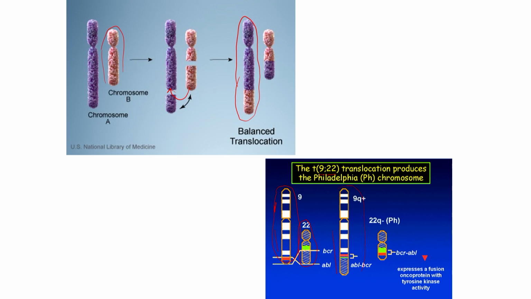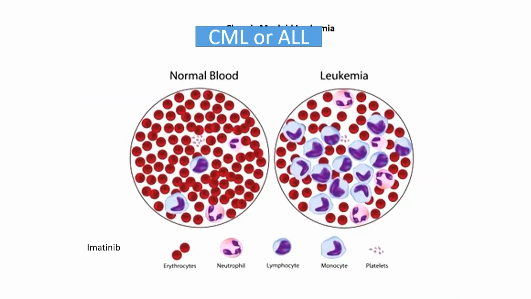So this results in the cancer named chronic myelogenous leukemia or acute lymphocytic leukemia. These two kinds of cancer arise because of the translocation of these two regions, but with breaks at two other points in the BCR region. So that is how these two cancers are there. This is the example of CML or ALL.